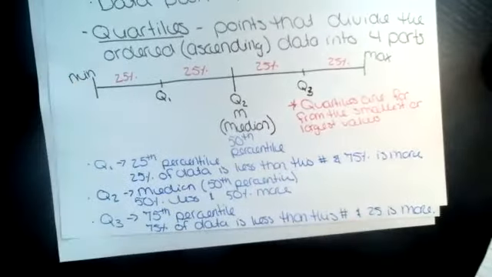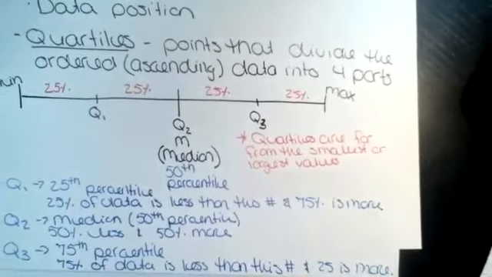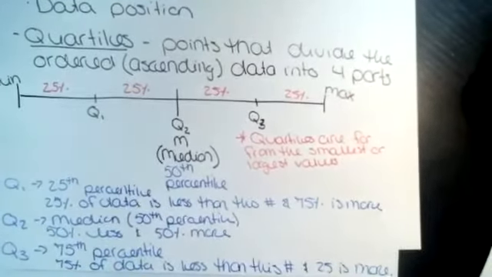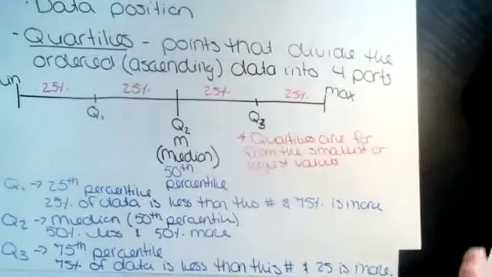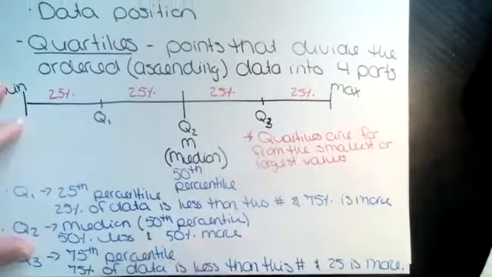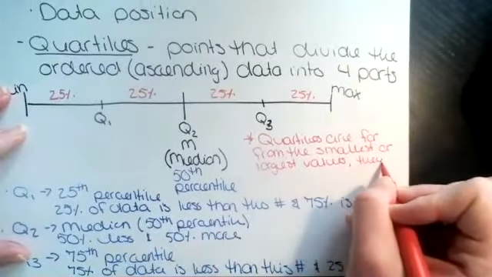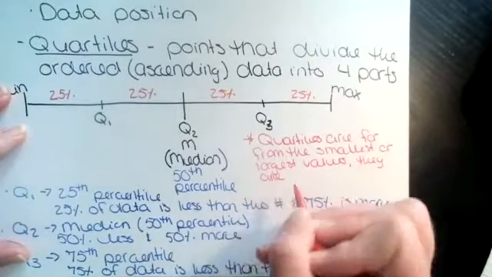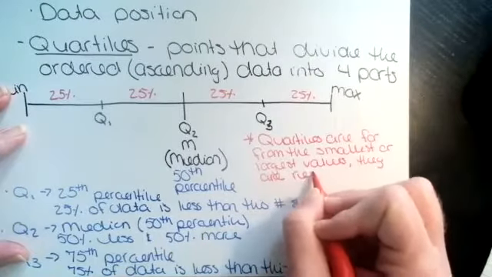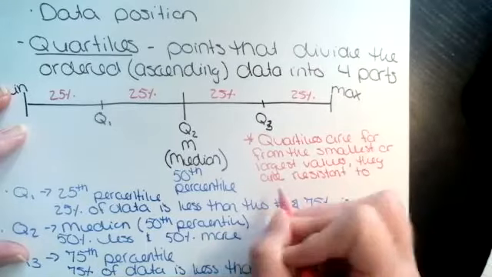And since I feel like I need to, there we go, maybe. I don't know if that really helped. And since they are so far, they are what we call resistant to outliers.